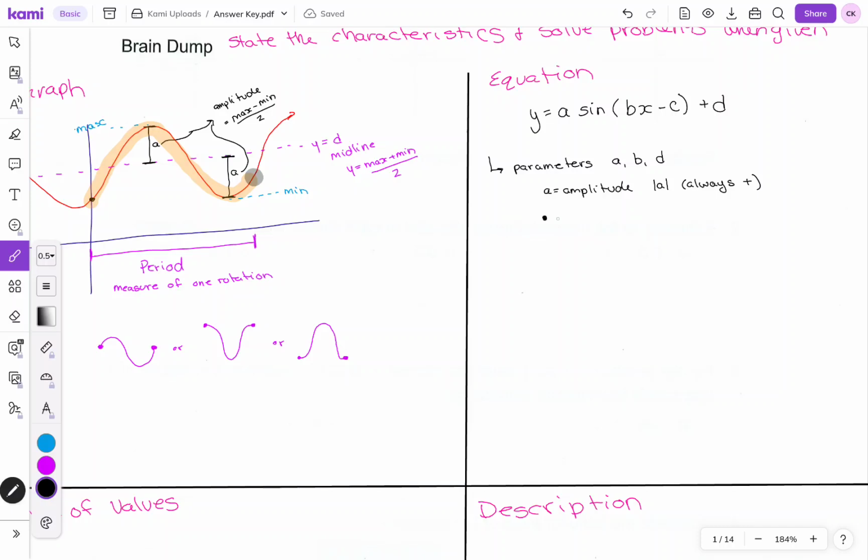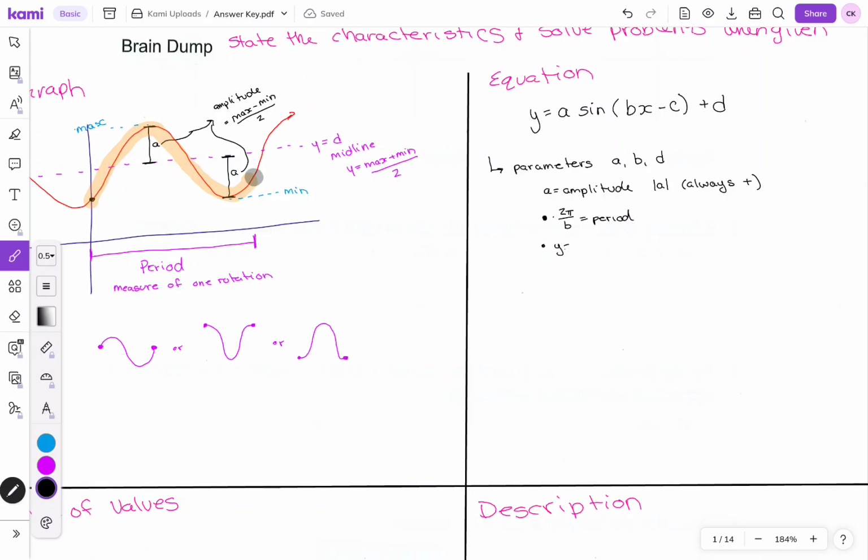Where people were making the mistakes yesterday is you forgot that b is not the period. 2 pi divided by b does in fact equal the period. So I can find the period from b, but b is not the period, and the period is not b.